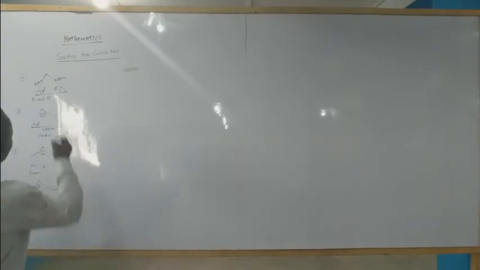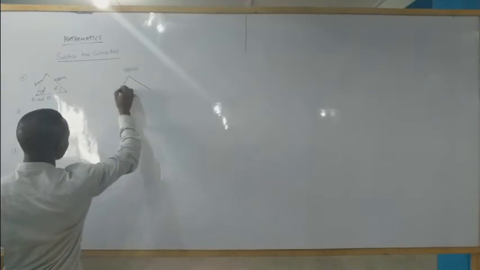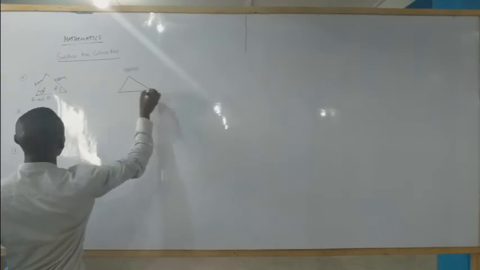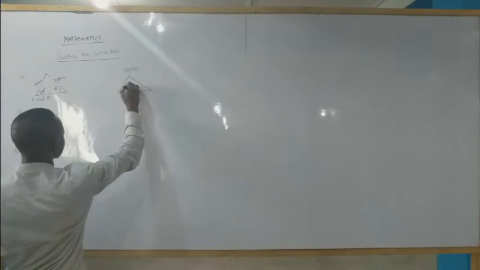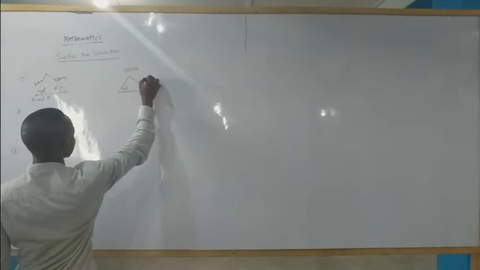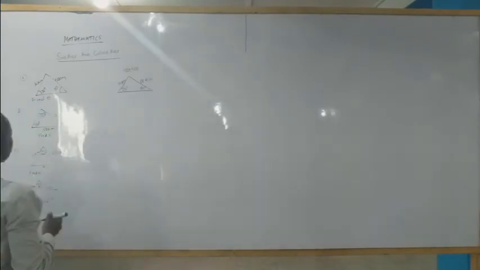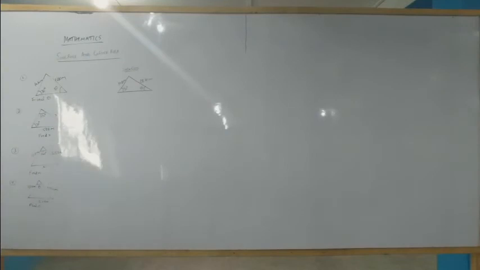Question 1 says find theta from this non-right angle triangle. We have 30 degrees, and we have theta here, 18 kilometers, and 10 kilometers. So we are asked to find theta.